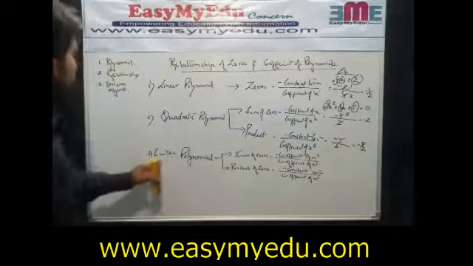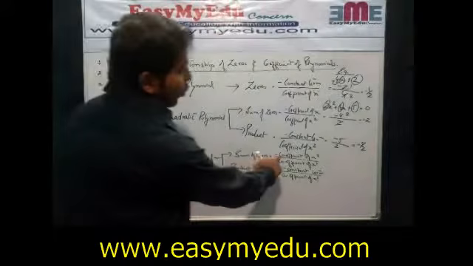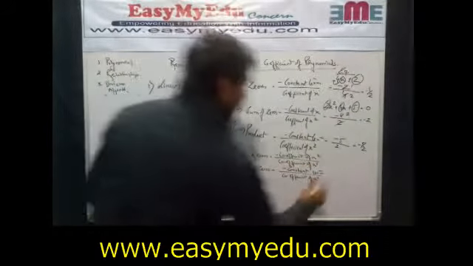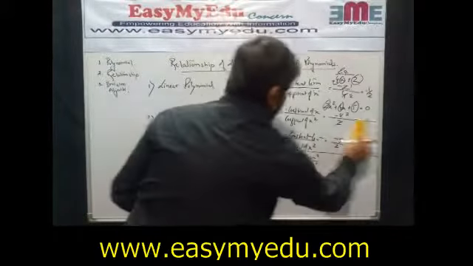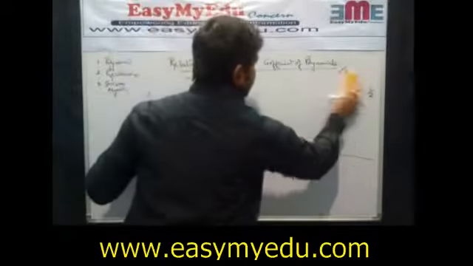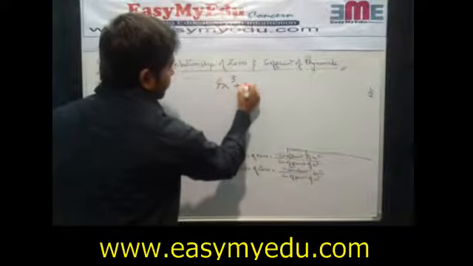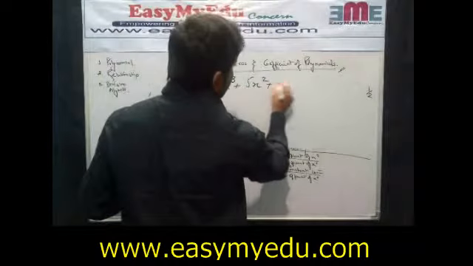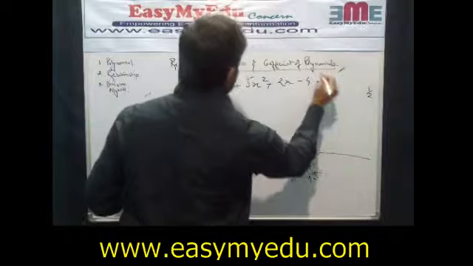The final one is cubic polynomials. Here the sum of the zeros is equal to minus the coefficient of x square by the coefficient of x cube. Let's take an example: 4x cube plus 5x square minus 2x minus 4 equals 0.